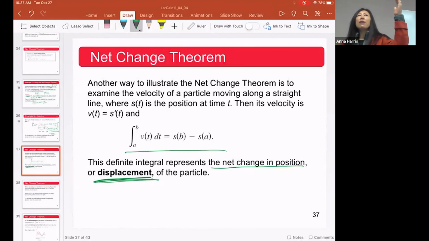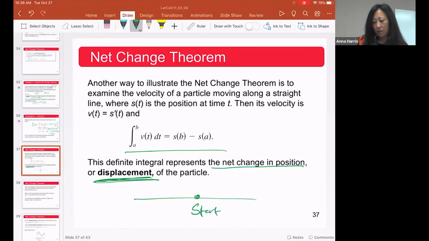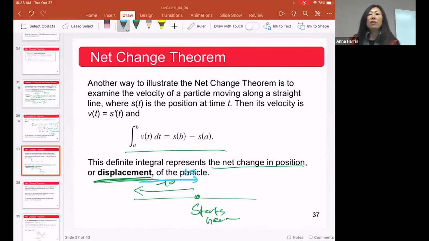So if your particle moves to the left and moves to the right, moving back and forth by the same amount, say this is a good example. Say you're starting right here, and then your particle moves to the left, so -10. And then your particle moves to the right, +10. Where is your particle now? It's still 0, isn't it? -10 plus +10 gives you what? 0.